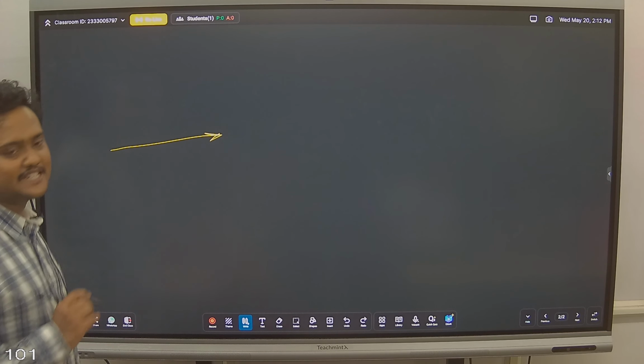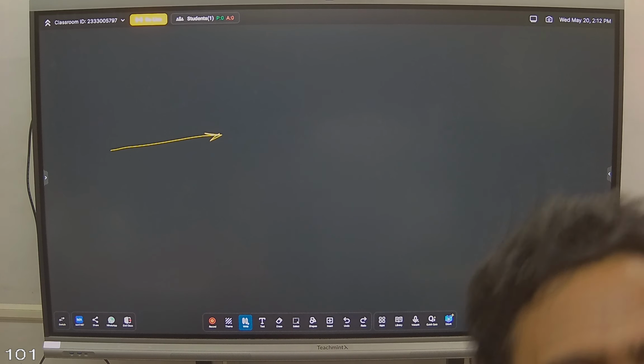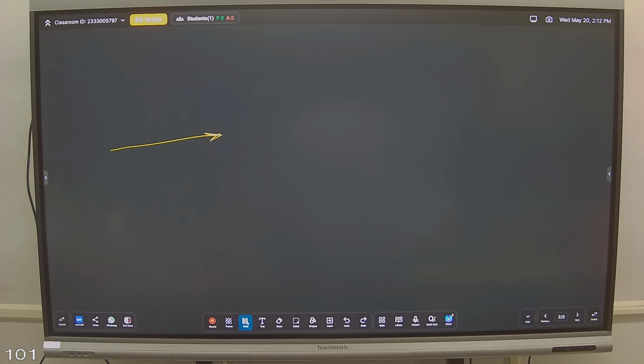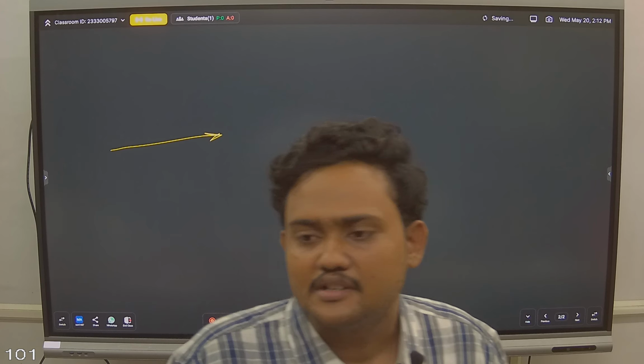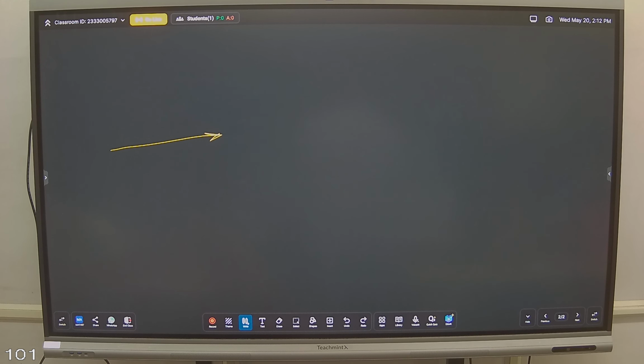Okay, I know what was intended, but the magnitude of the vector changes. If you multiply a scalar of magnitude 2 with a vector of magnitude 2, the vector will lengthen, right? The vector will lengthen, shorten, or change direction entirely.